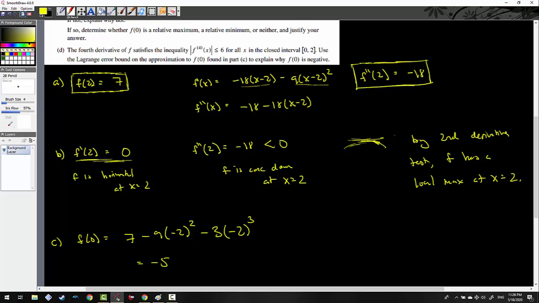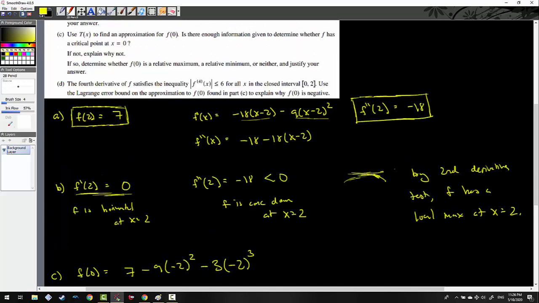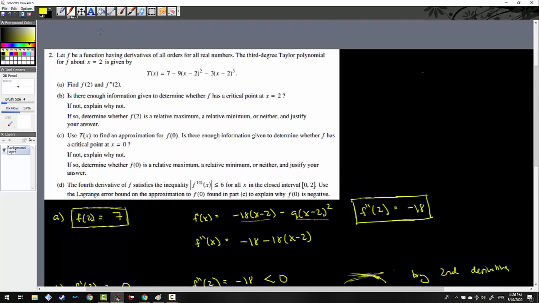Now from here, it's asking you if there's enough information to determine if there's a relative extrema or a critical number at x equals 0. Well, it's kind of an odd thing. These Taylor polynomials are interesting. In the problem up top here, they specified that this Taylor polynomial is about x equals 2. And because we don't know its radius of convergence, we can't assume that it's anything other than where we're at.